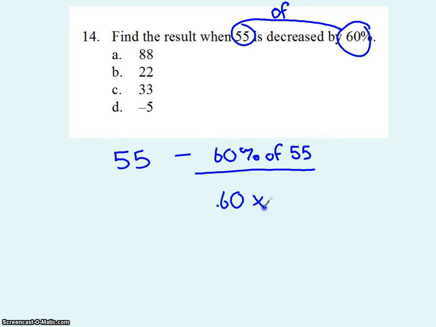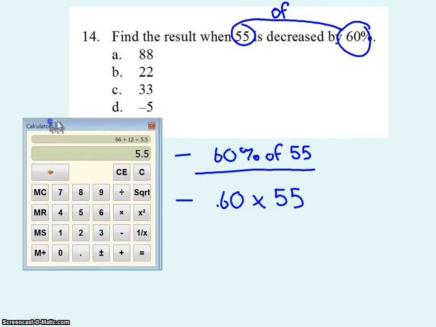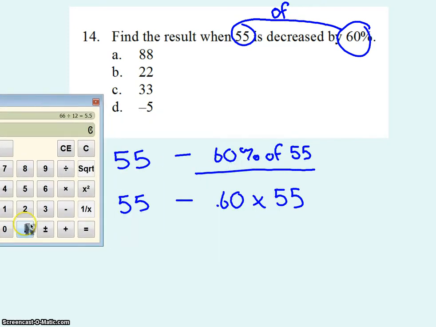Well, that's going to be 0.60 times 55, and then we're going to subtract that off of 55. 0.60 times 55 is 33. So really we're going to do 55 minus 33, which of course is 22.